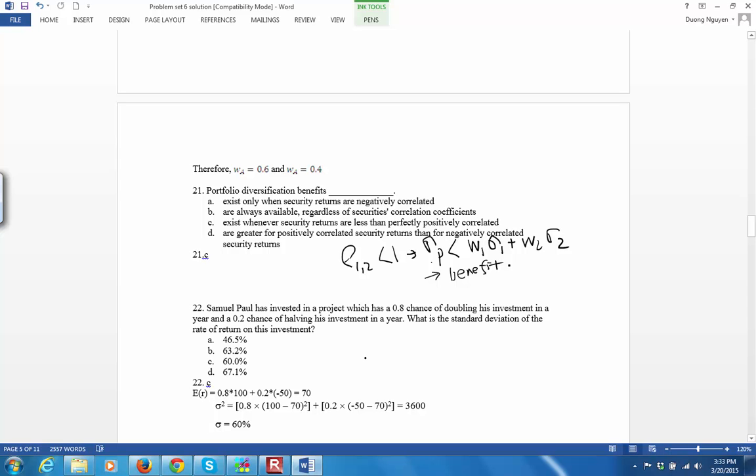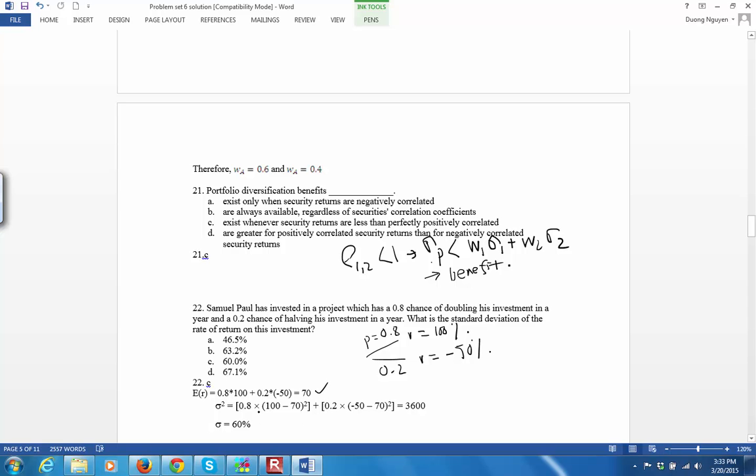Paul invested in a project that has an 80% probability of doubling, meaning the return is 100%. With 20% probability, the investment is cut by half, so the return is -50%. You can easily get the expected return, which is 0.8 times 100 plus 0.2 times -50, equal to 70.